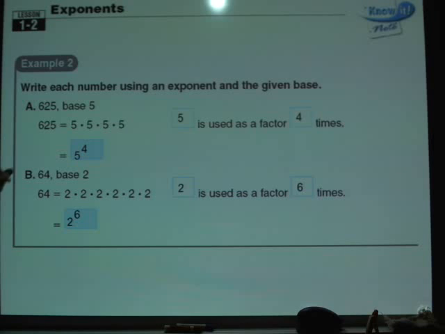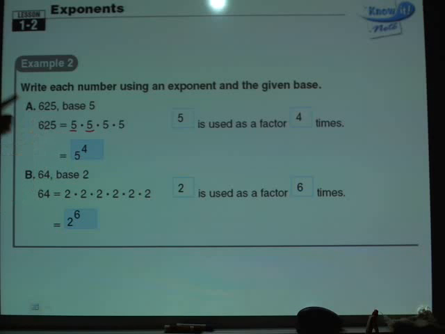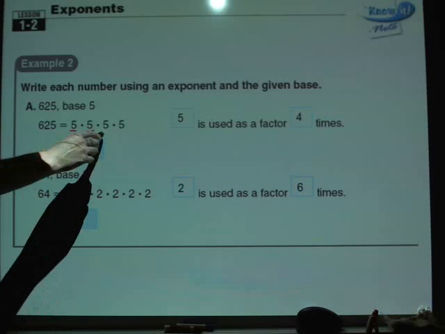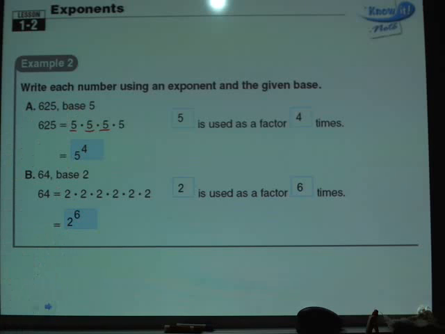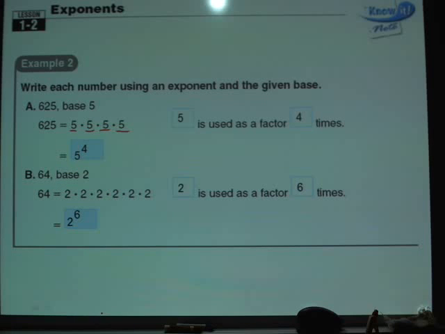So, I start off with 5, and I multiply it with 5. That's 25, not 625, so I have to keep multiplying. Multiply it by 5 again, that's 125. Not 625 yet, keep multiplying. This time when I multiply by 5, 125 times 5, that is 625.